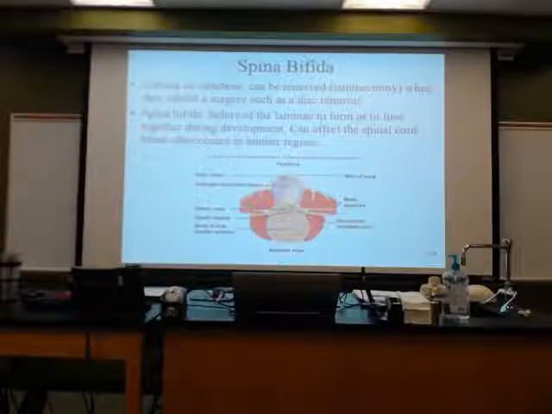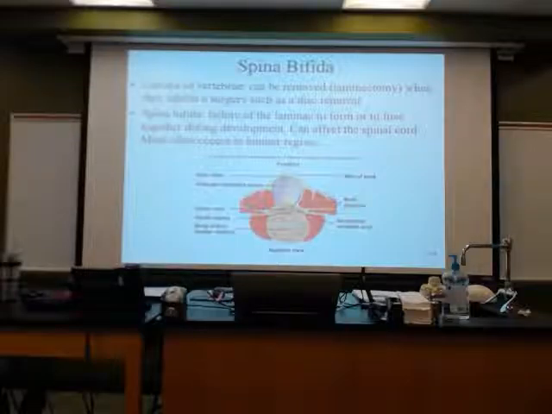Now, something that can go wrong with our spinal cord in utero, okay, meaning while pregnant, is spina bifida. Ever heard of it? No? It's the reason that if you're in childbearing years, they suggest you take the folic acid.